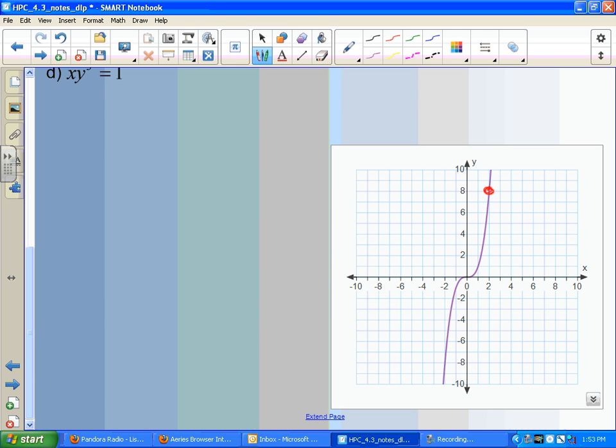All right, so there's why it's not symmetrical around the x and the y. Why is it symmetrical around the origin? Well, here's why. If I took those 2 corresponding points, 2, positive 8 and negative 2, negative 8, and looked at a line that connected them, and took a look at the midpoint of that line, the midpoint would be at the origin.